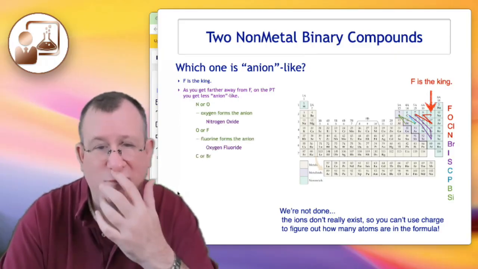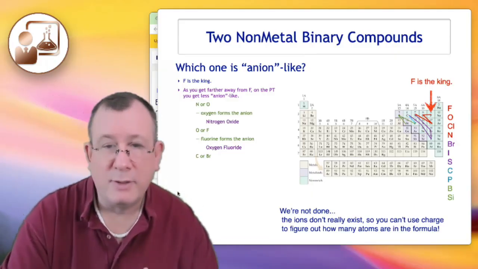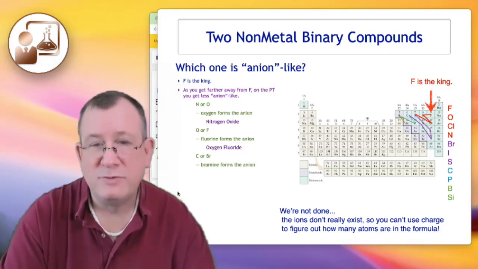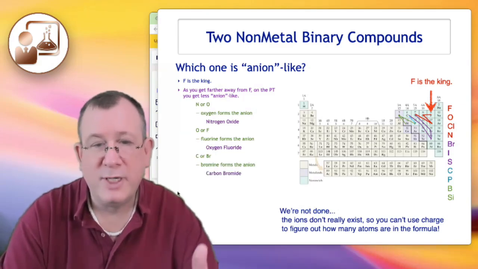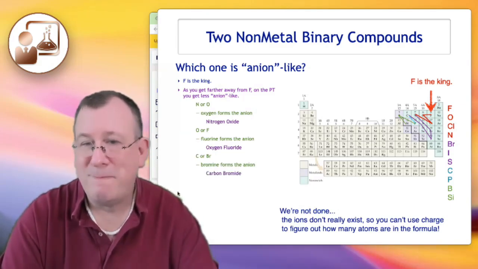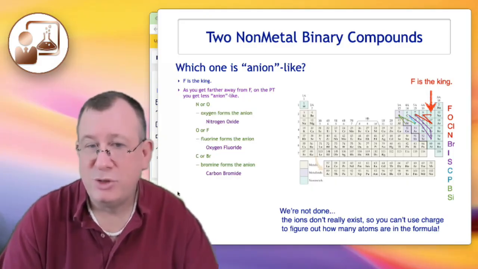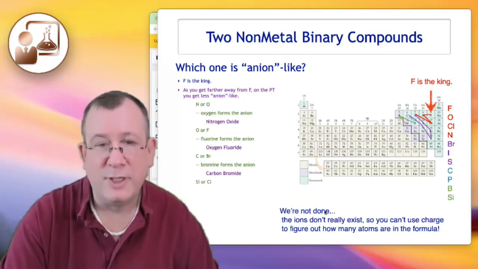If I have chlorine and bromine, or carbon and bromine, okay, carbon and bromine, which one is closer to fluorine? I look on the periodic table, see the one that's closer to fluorine, and that's carbon bromide, not bromine carbide. Choose by how close they are to fluorine.